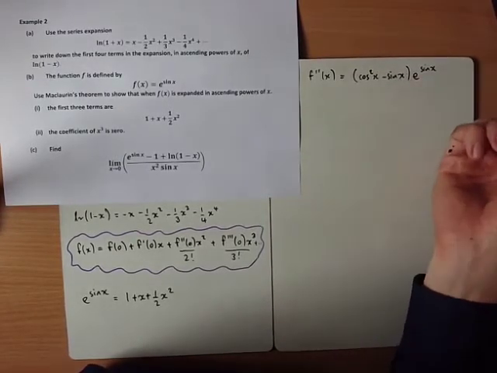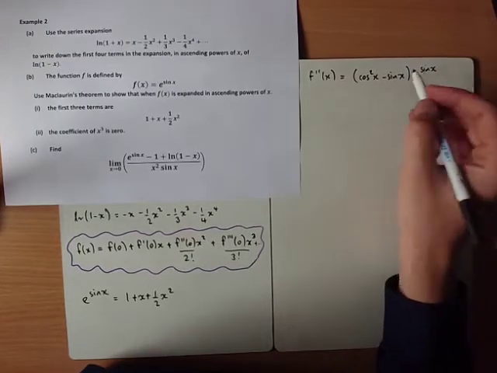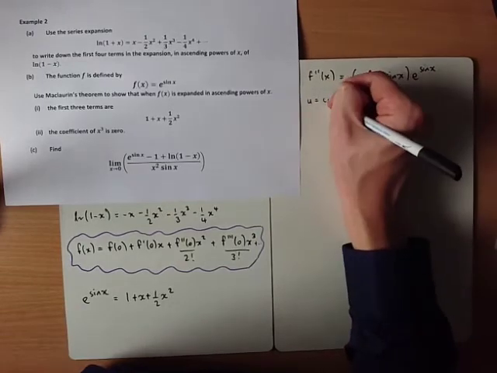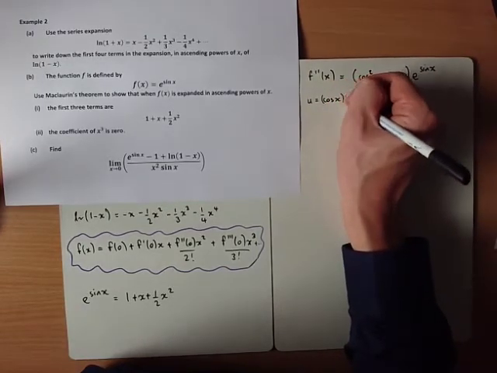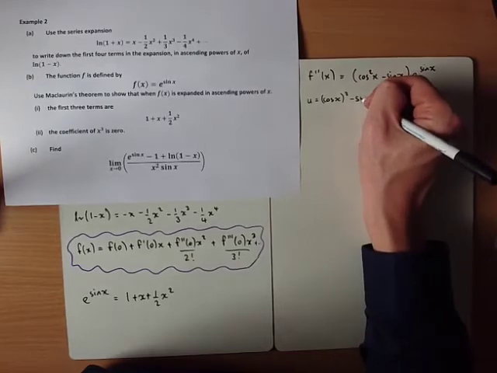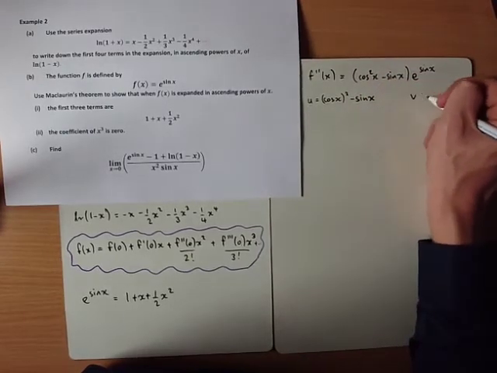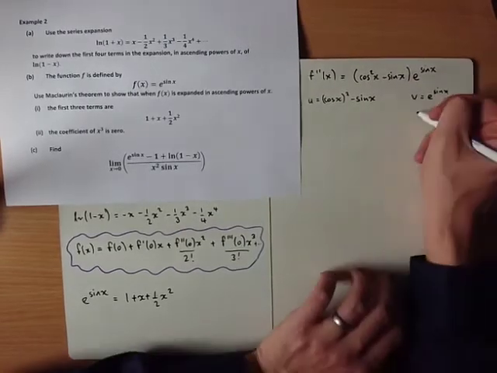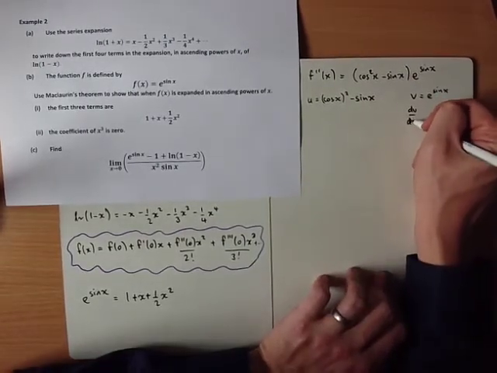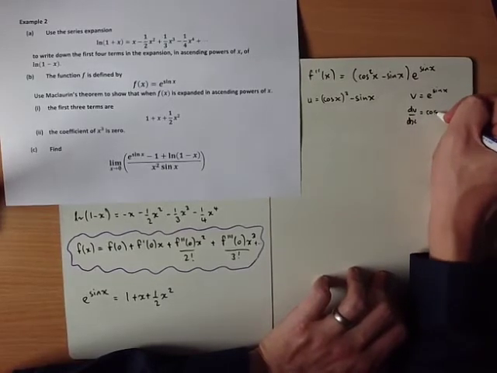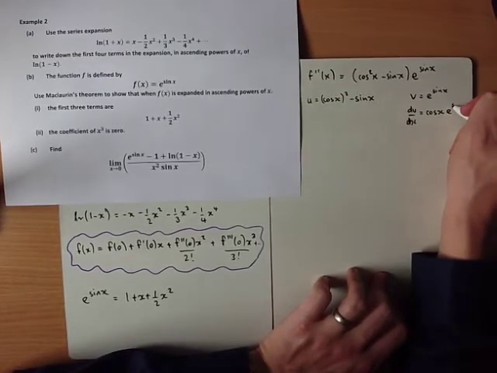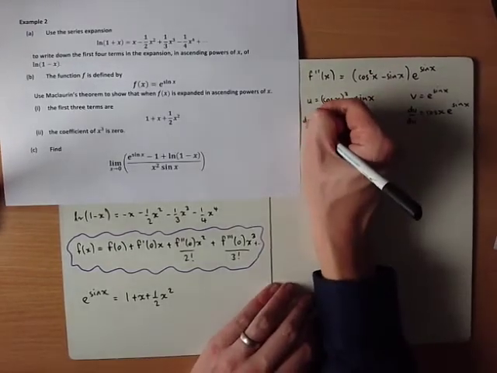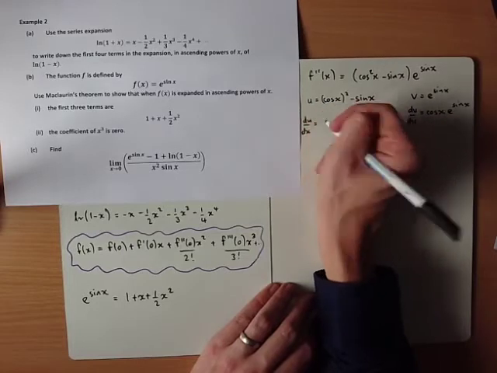It's getting to that level of complexity where I might do a bit of working out, so I'll say u equals cos squared minus sin, and v equals e to the sin x. So dv by dx would be cos x e to the sin x. When we differentiate this one, du by dx, again we're doing the chain rule.